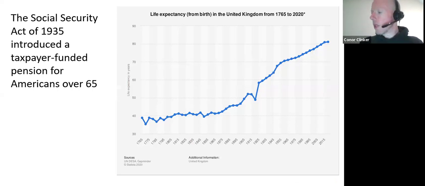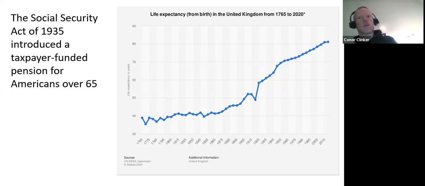The Social Security Act was introduced during the Depression, introduced a taxpayer-funded pension for Americans over 65. You've probably heard of Social Security. You all pay into it, whether you realize it or not. Look, there was an emergency and huge levels of unemployment and poverty. And this is one of the things that Roosevelt did under the New Deal to try to stabilize the situation.